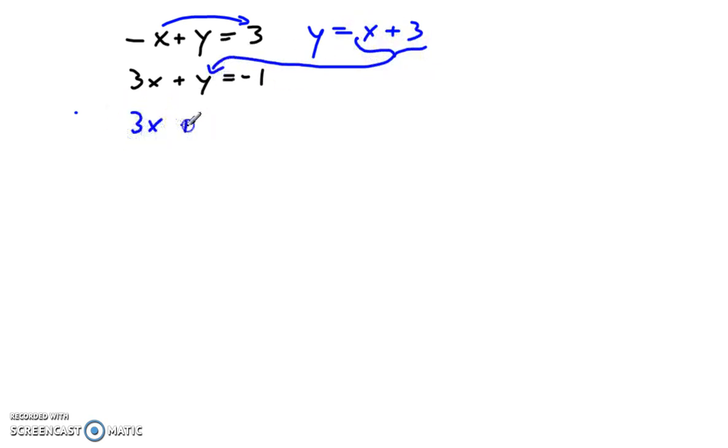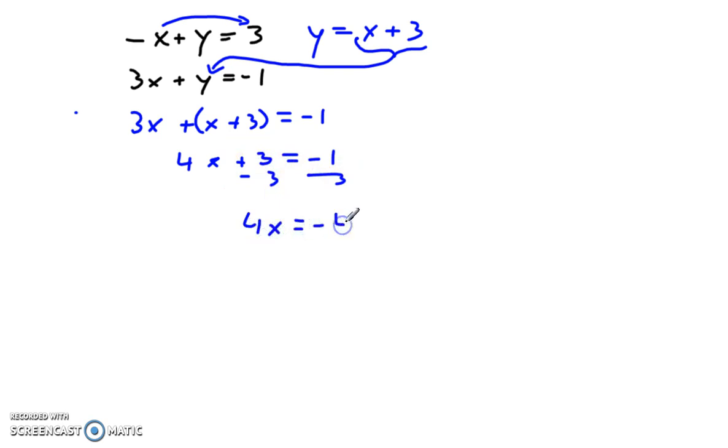3x plus parentheses x plus 3 is equal to negative 1. So there's nothing I'm multiplying by, just a positive 1. So I can combine these. That gets me 4x plus 3 is equal to negative 1. Subtract 3 from each side. 4x is equal to negative 4.